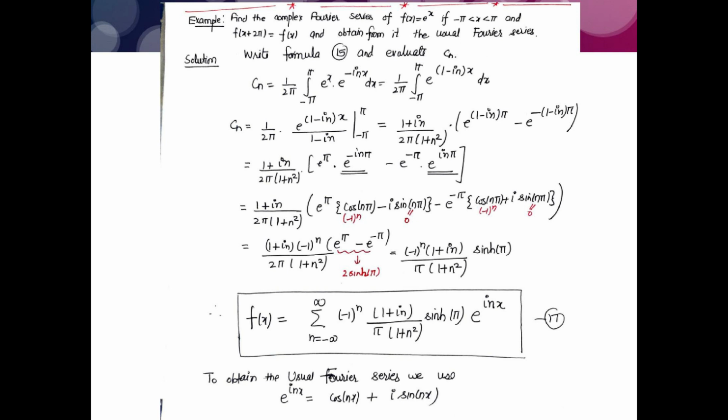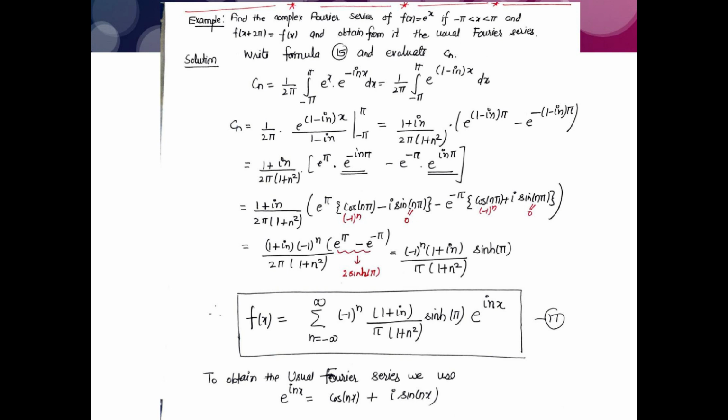Consider a numerical problem for complex Fourier series. Let f of x be e raised to power x defined from minus pi to pi, which is periodic with period 2 pi. We have to find its complex Fourier series, and from the complex Fourier series we have to find its usual Fourier series.